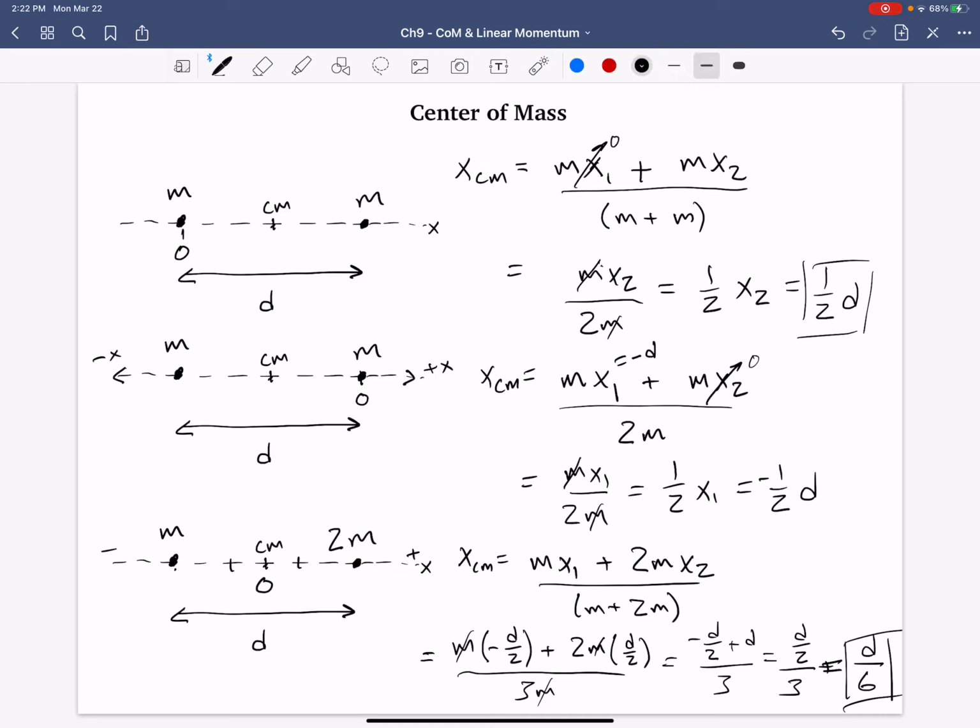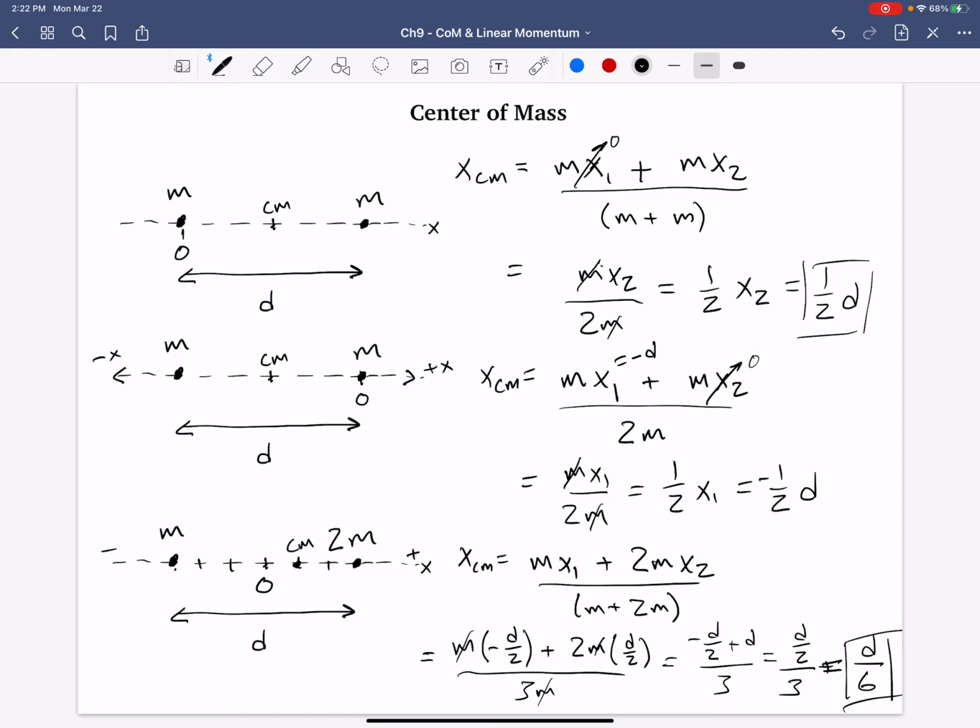Well, that means that this distance here is 1/2 of that, right? So now the position of the center of mass is no longer in the center, it's exactly right there. It's 1/6 of the distance between them, but towards the more massive object.